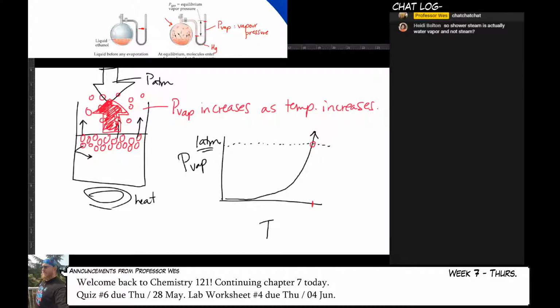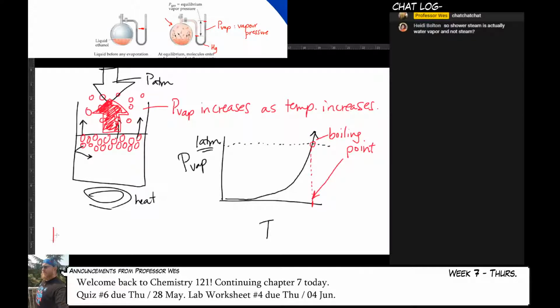At that point, the liquid begins to boil. So if the vapor pressure of our liquid increases enough to equal atmospheric pressure, the liquid boils. The temperature at which it does that is called the boiling point.